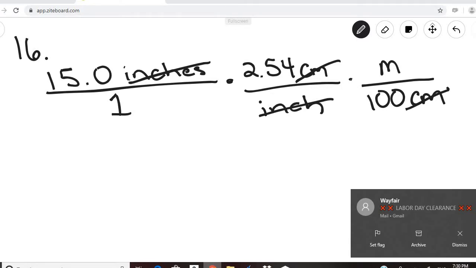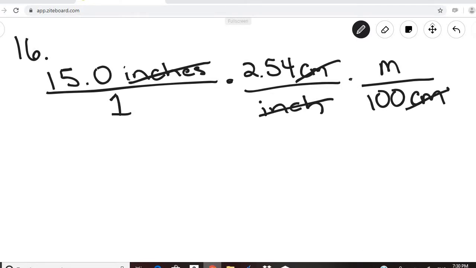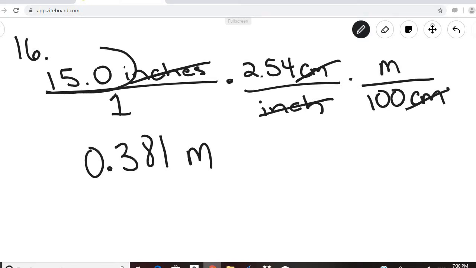And that will give us 0.381 meters, because this is the number we would look at for significant figures. 1, 2, 3 significant figures.